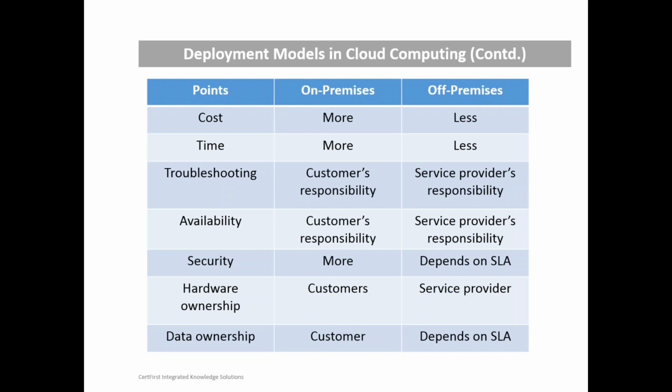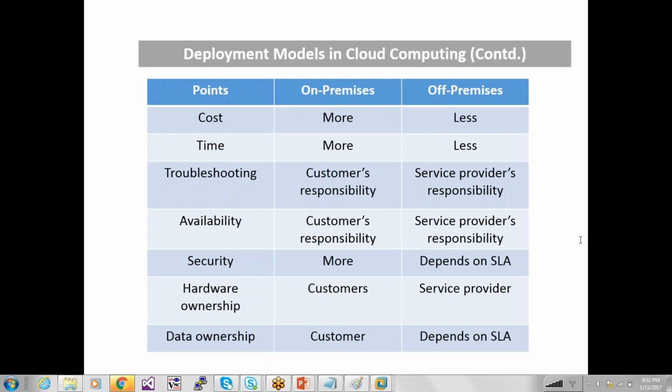Hardware ownership is 100% with the service provider when it's in the cloud. The data ownership is 100% with the customer when it's in your office. But again, it all depends on the SLA when it goes to the cloud. SLA stands for service level agreements.